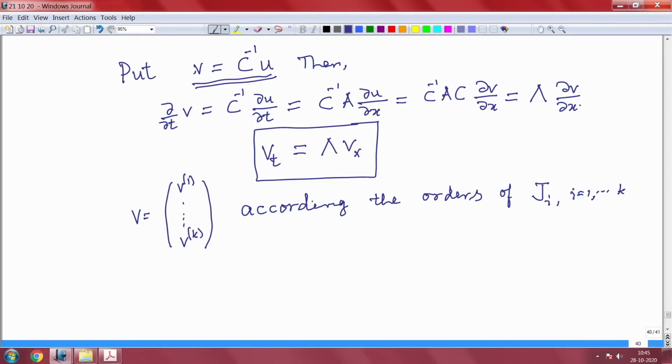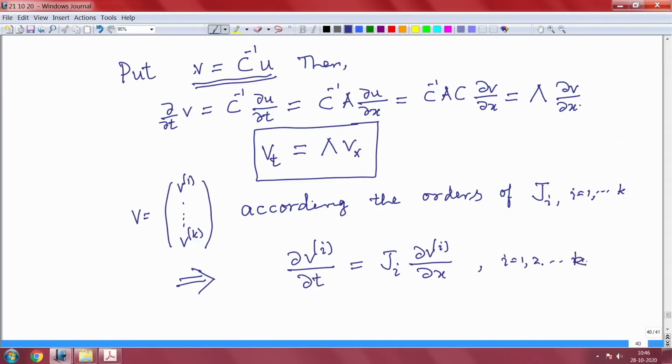Okay. So, this implies we can write down a system for each of these components. So, del V i by del t is J i del V i by del x, i equal to 1 to k.